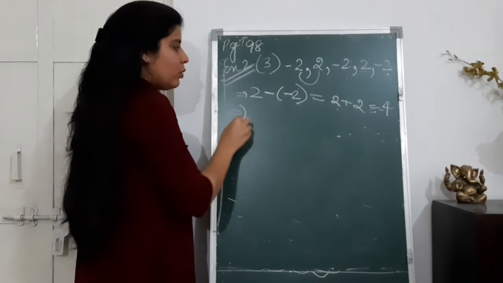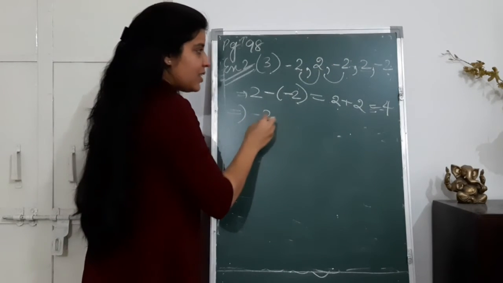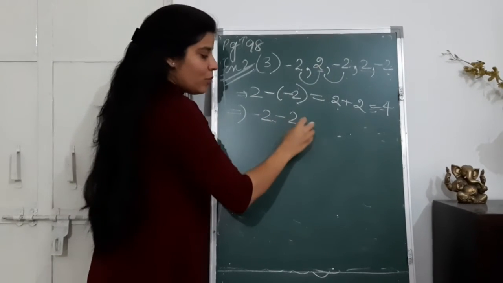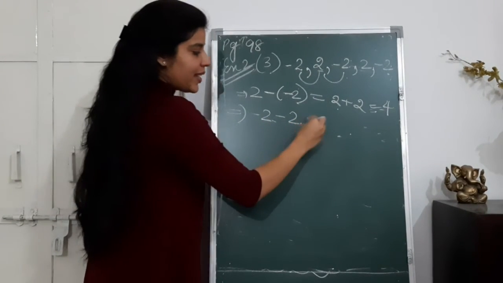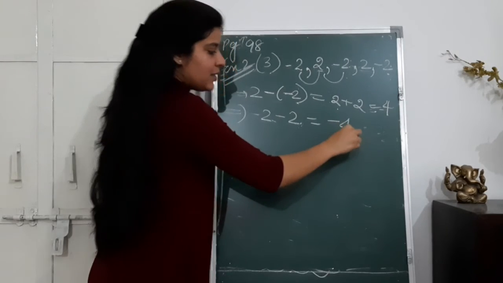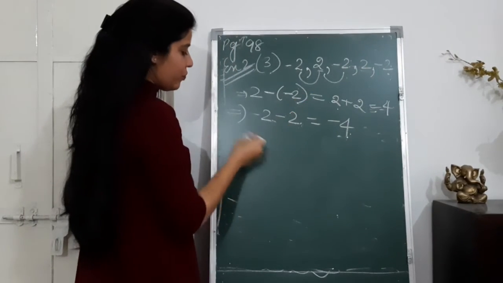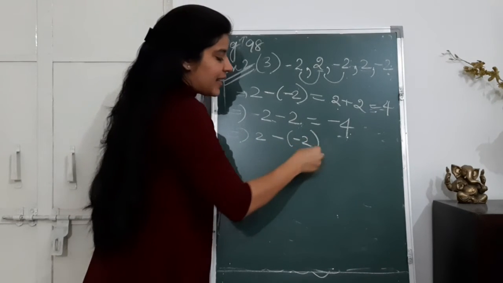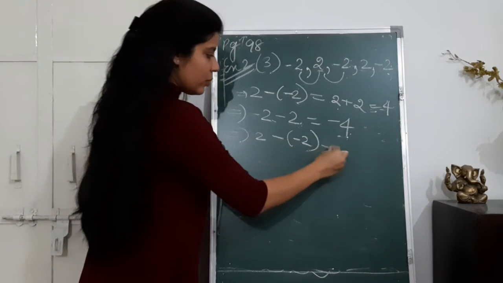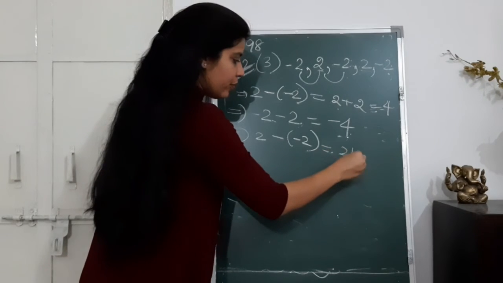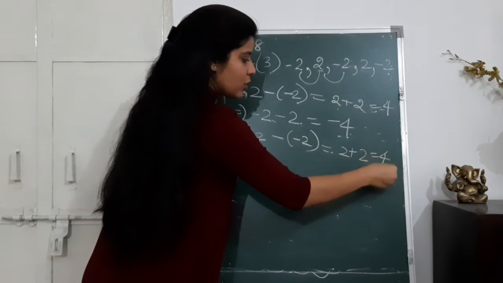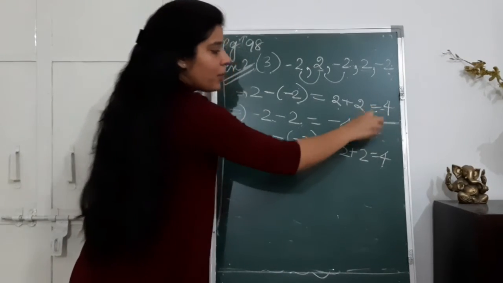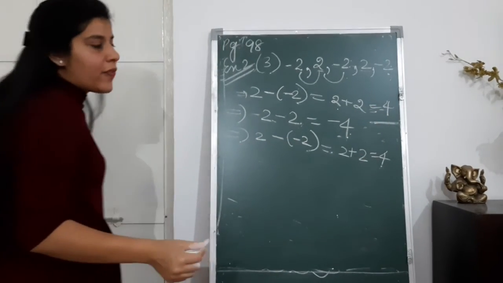Now this one: minus 2 minus 2. This is in plus, so minus 2 minus 2 gives you minus 4. Now this, 2 minus minus 2, will become 2 plus 2, which is equal to 4. So clearly here you can see that the first difference is 4.